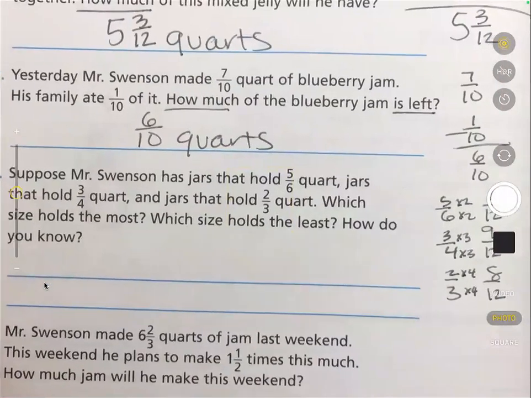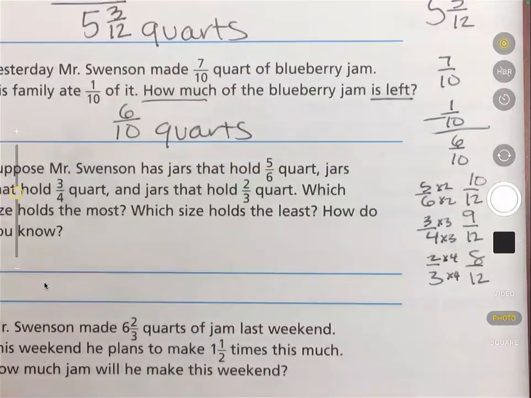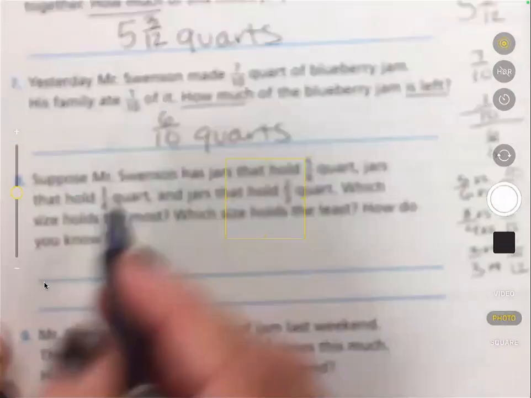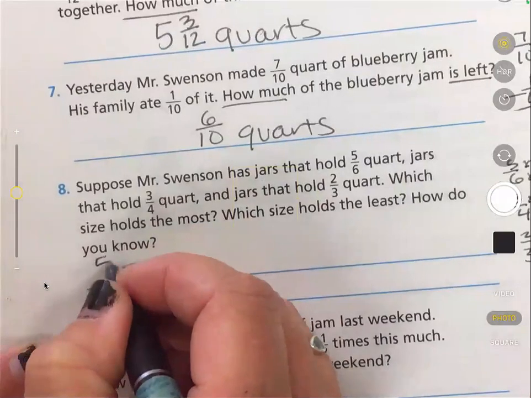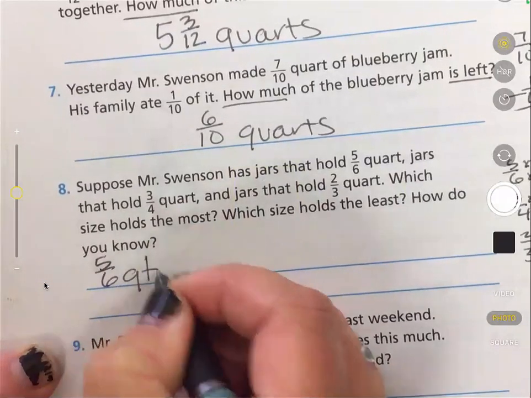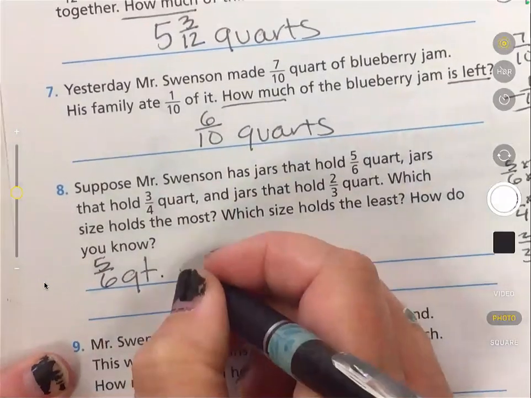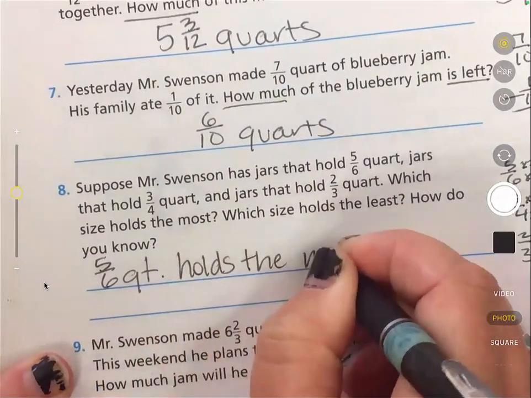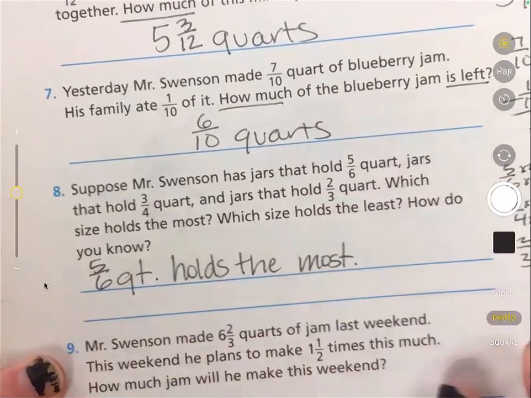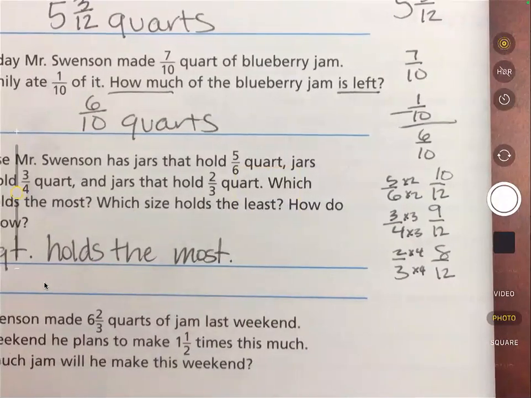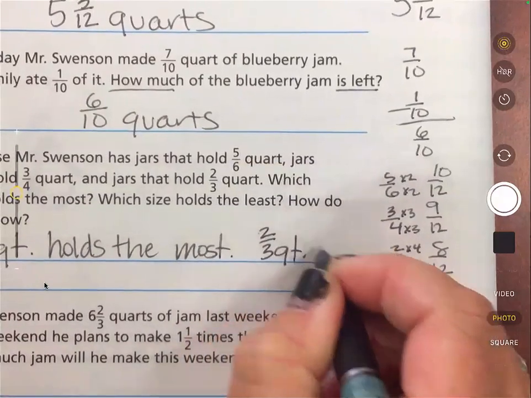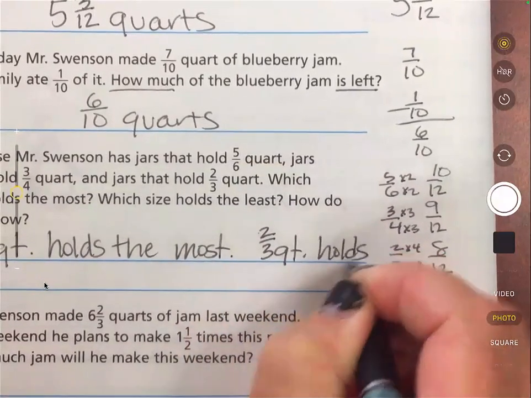Which size holds the most? 5/6. 5/6 quart, I'm going to abbreviate to QT, holds the most. Which size holds the least? 2/3 quart holds the least.